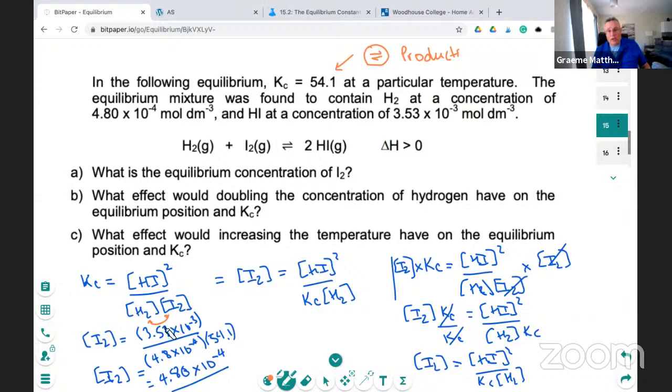And so therefore, if H2 was 4.8 times 10 to the minus 4, then I2 would also be 4.8 times 10 to the minus 4. Well, the problem with doing it that way is it just so happened to work out that you could do it with this example. Yeah, they do actually balance out.